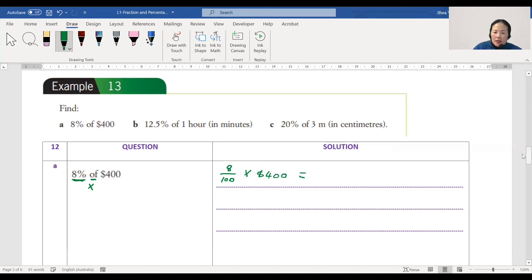Without using a calculator, it'll be 8 times 400 all over 100. I think the easiest way to simplify is to get rid of these zeros right there, and then we've got 1 here, so we don't have to worry about it. All I've got on the top is 8 times 4. So I have $32, because 4 times 8 is 32.